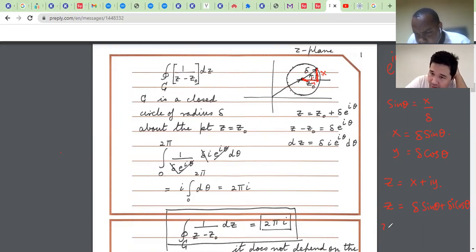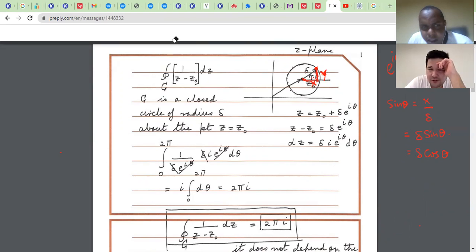But it's not the formula, it should be inverse. Oh, this is the y, going up is the y, and this is the x. Yes, this is the y and this is the x. Let me just do it again.